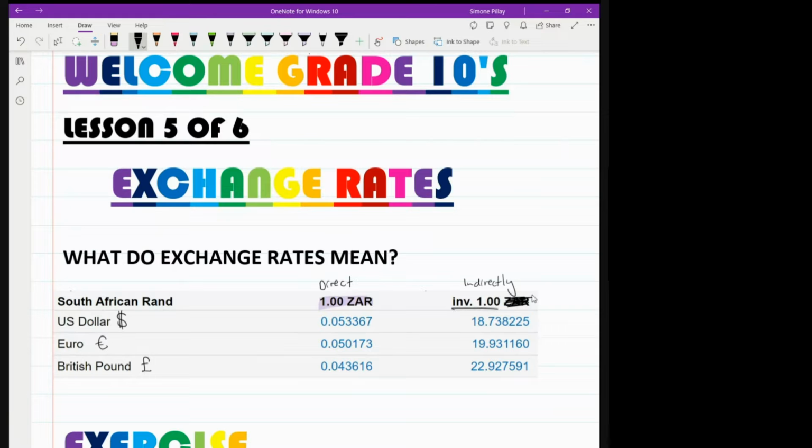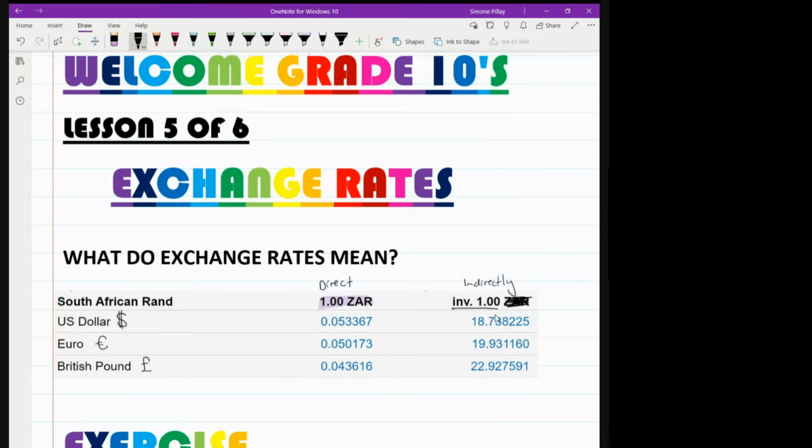So a foreign currency unit can be dollars, euros, pounds, baht. Where do they use baht? I think Thailand. Baht, dollars, Namibian dollars, whatever. For any currency that's a foreign currency unit, for every one of those foreign currency units, how many rands can I get back?